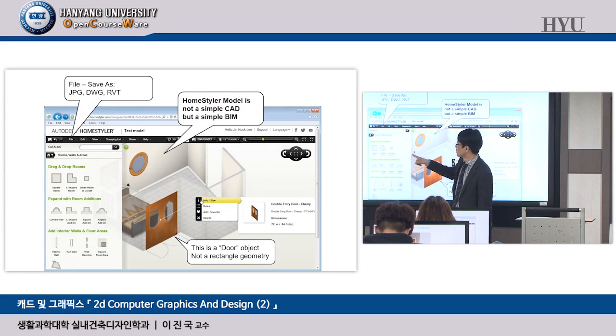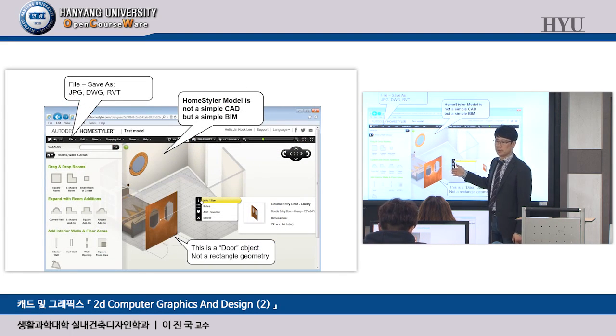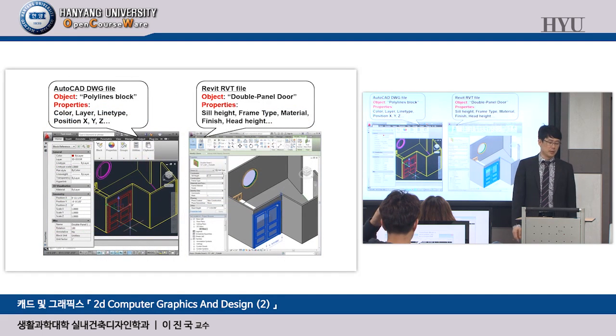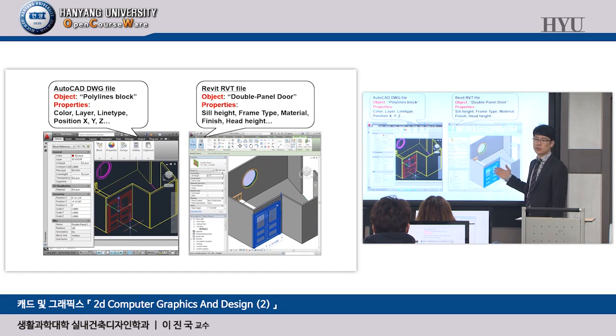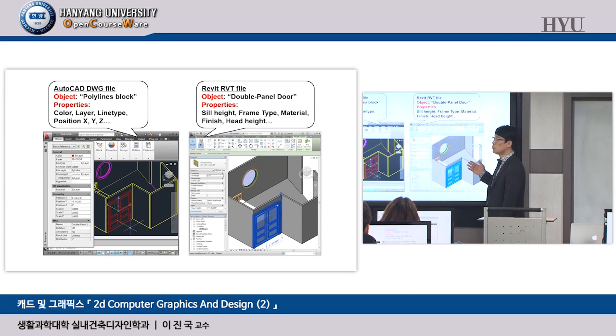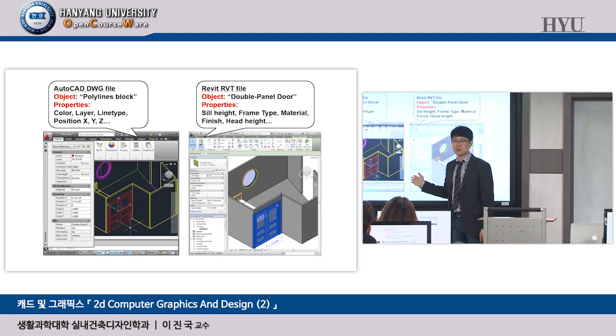Totally based upon your drag and drop based interface, and you can generate an AutoCAD file as well as a Revit file. So today's objective of lab exercises 1 and 2 is to show you nowadays' advanced technologies for supporting design. Okay?